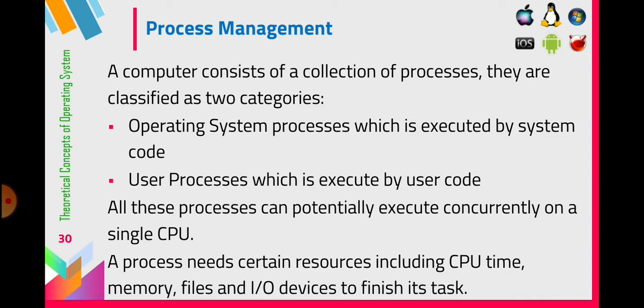We already know memory is used to store the content, files are used to save the content permanently, and IO devices, input and output devices, are all packed together to complete a process. If you give a request to print and take the printout, this is also a kind of process. This is known as a user process.